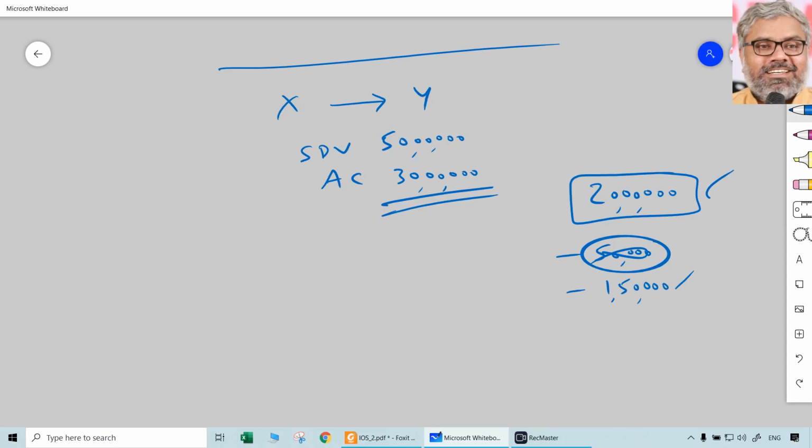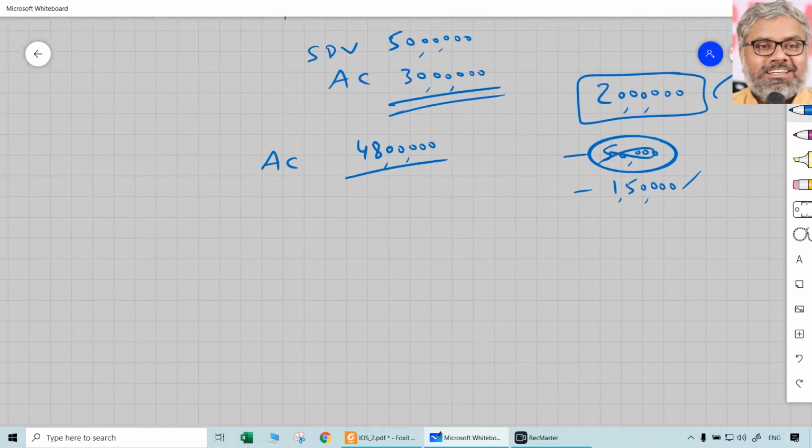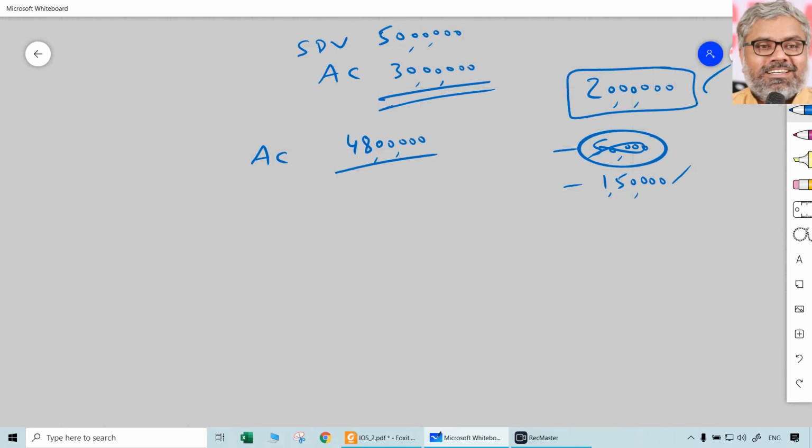Now on the other side, let us take another example. Stamp duty valuation 50 lakhs, but actual consideration, let us say, is 48 lakhs. That means there is an inadequacy of 2 lakhs. So should we say automatically it is taxable because it is more than 50,000?